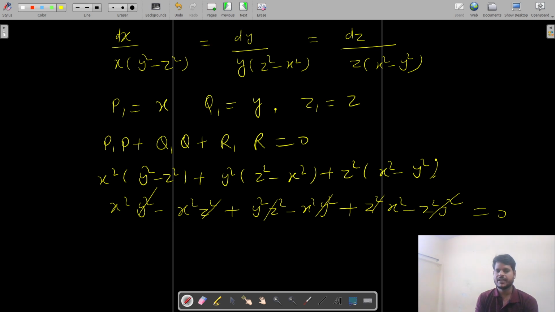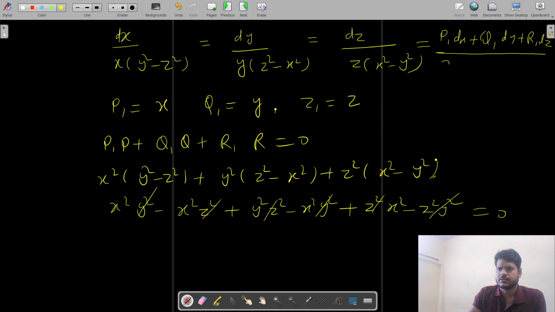So with the help of this expression we make equation 4, right? We can write here (P1 dx plus Q1 dy plus R1 dz) upon (P1P plus Q1Q plus R1R).